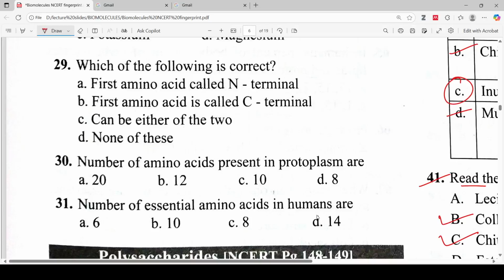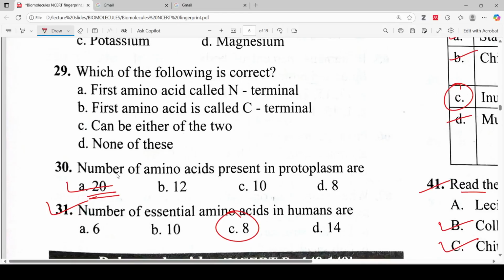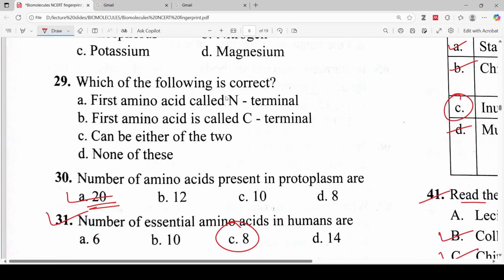C, 8 will be the correct answer. Number of amino acids present in protoplasm are. The correct answer will be option A, 20. Which of the following is correct? First amino acid is called N-terminal.